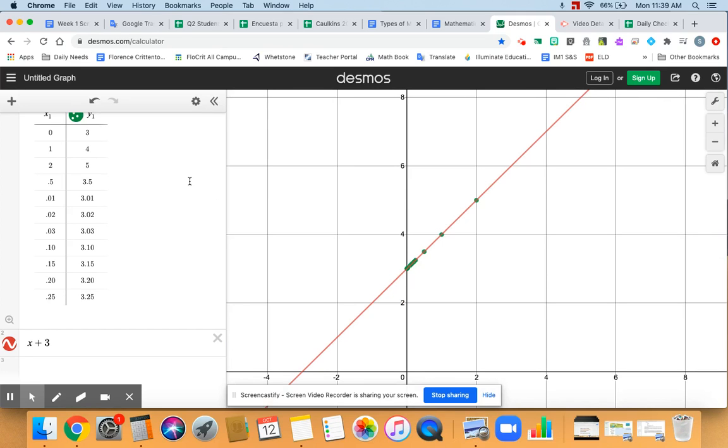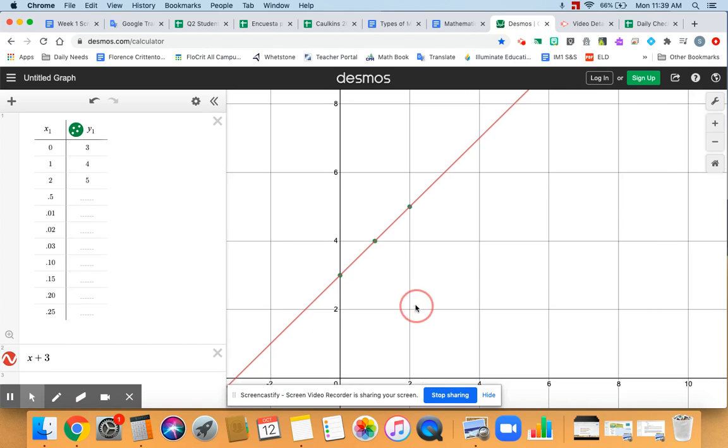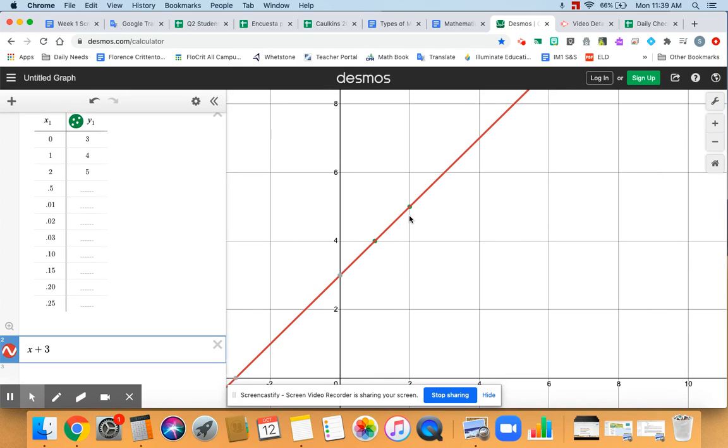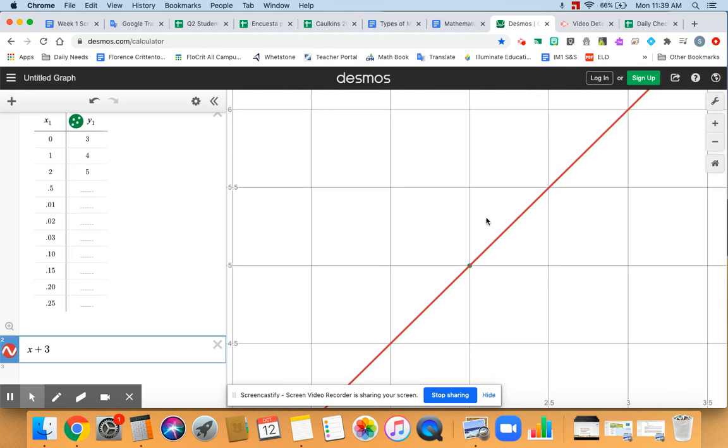If I didn't have any of these other points at all, none of the other points on this graph minus those first 3, I could have just connected them, and then I would have got my graph. The important thing here is that you know it's not like there's only 3 points on this graph. There are millions upon billions of points. That's a point, that's a point. All of these are little points. And that's why it just looks like a line.